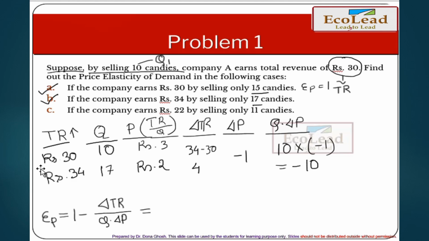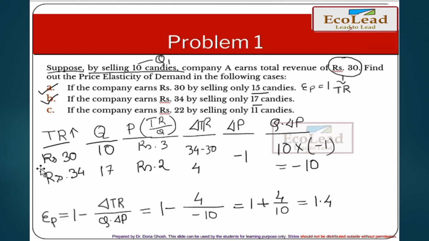Now we will put this value into the formula of price elasticity. So 1 minus del TR, which here is 4, and in the denominator the value is minus 10. So 1 plus 4 by 10, and if you calculate, it will come as 1.4.